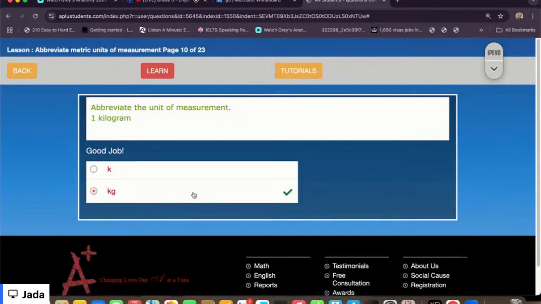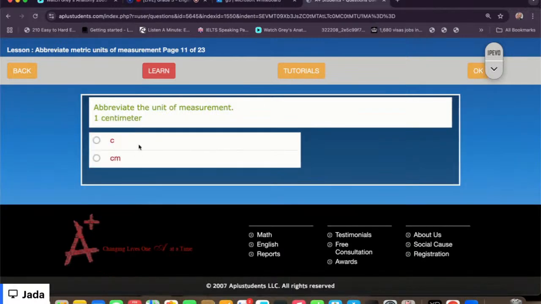Okay, 1 kilogram. kg. So 1 centimeter. What do we have for this one?